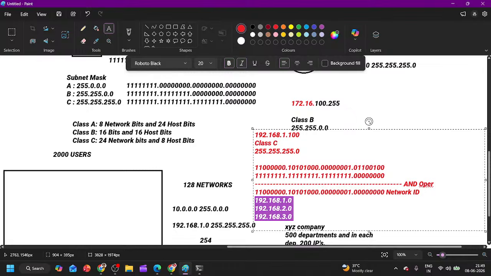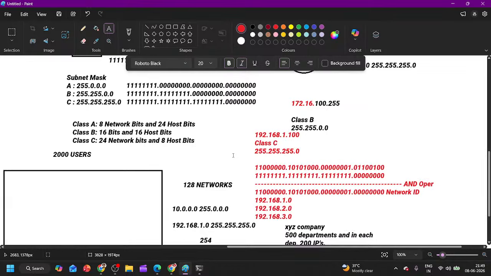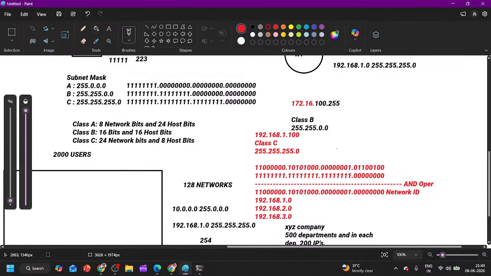In each network, how many host bits are there? You can find the number of valid IP addresses with the help of host bits. There is a formula to calculate valid hosts as well. So if 8 bits are free in this particular IP address, you can see 8 bits are free, which is 0.